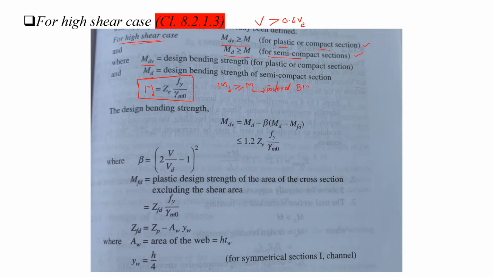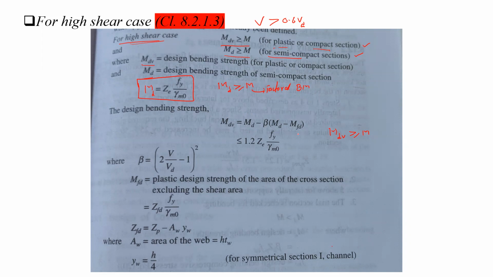Now, if it is a plastic or compact section, MdV must be greater than or equal to capital M. Now, how do you calculate MdV? It is calculated using this formula: MdV equals MD minus beta into (MD minus MFD). Here you have the values of MD and MFD, which you don't know yet.